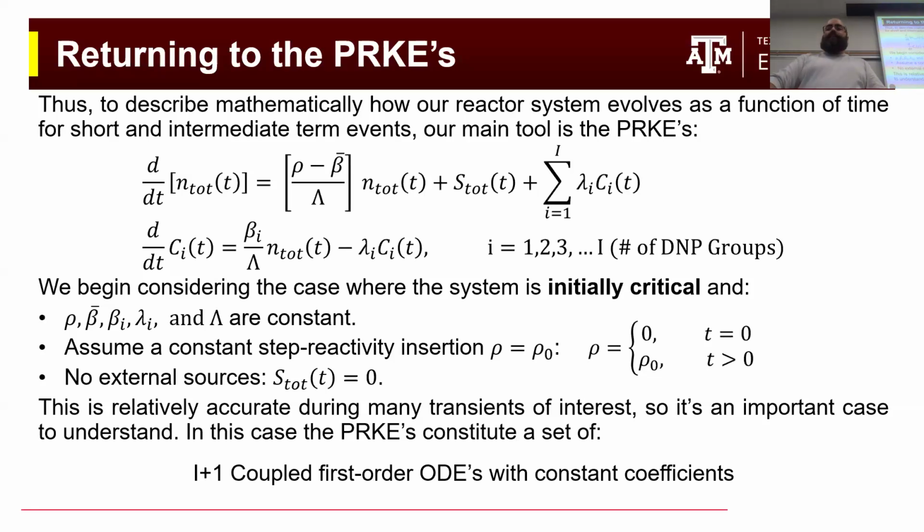Basically, the reactivity insertion is a constant after the initiating event where the reactor was initially critical. And we're going to ignore sources, so the total source term S goes away. We're trying to see how the system responds to certain events in the absence of any sources.